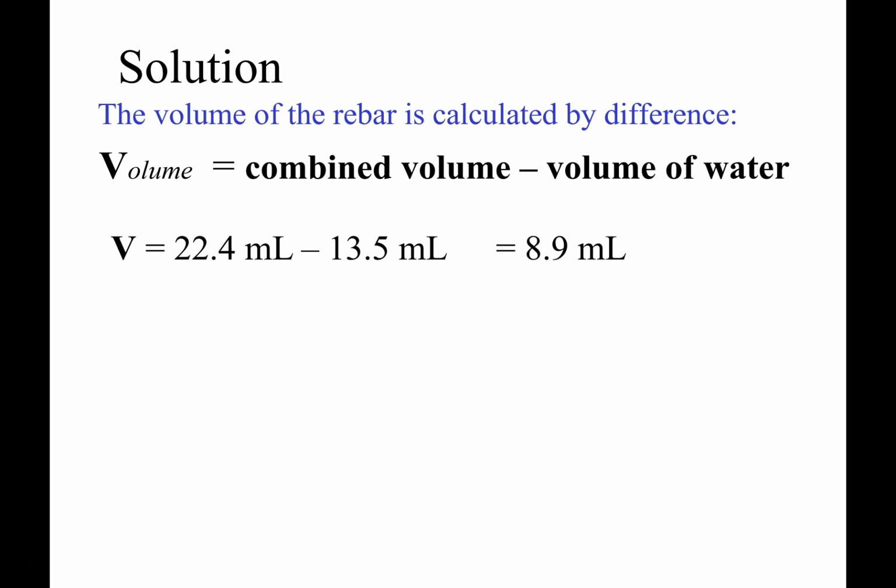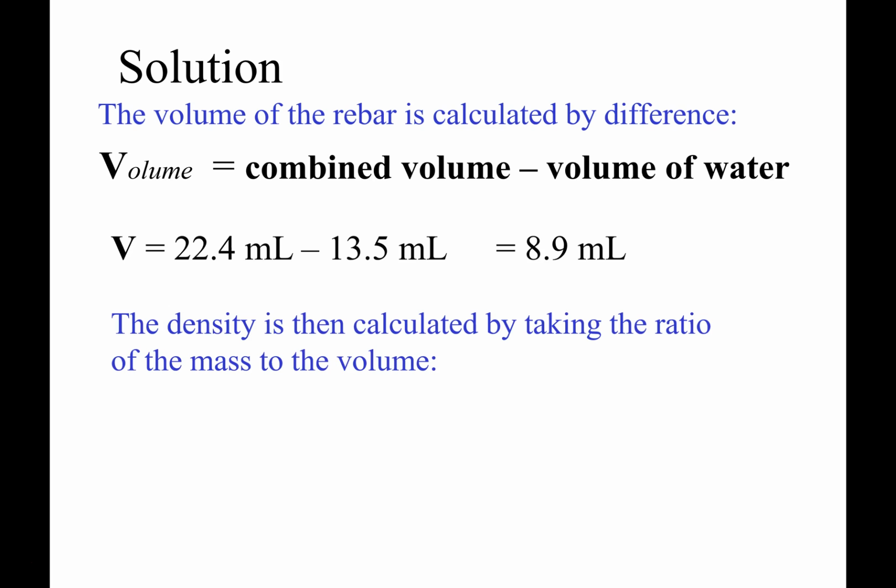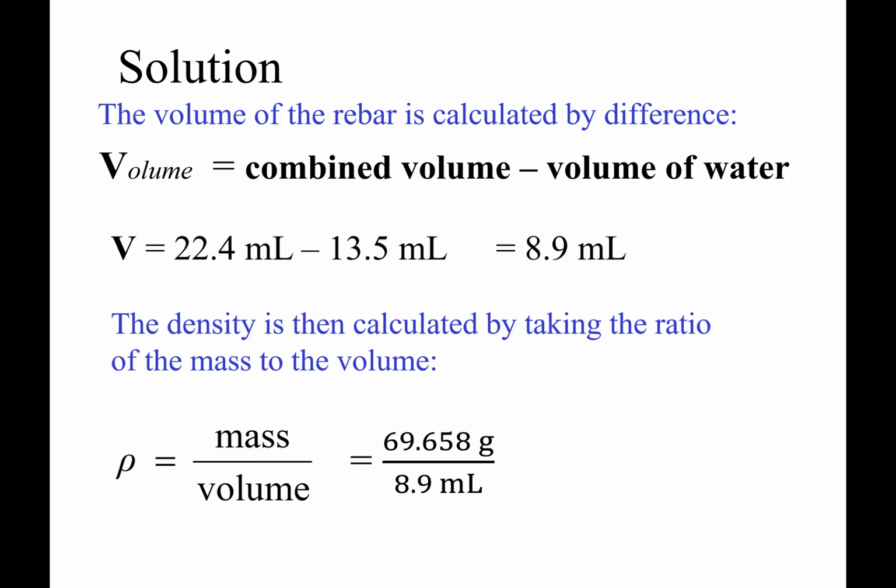So notice we have 1 decimal and 1 decimal, so we're allowed 1 decimal. You might be like, no, it's sig figs. I got 3 sig figs here, 3 sig figs here. You do have 3 sig figs in both of those volumes. But you don't round according to sig figs, you round according to decimals. All right, so that's the number that's going to go in the denominator here in a minute.